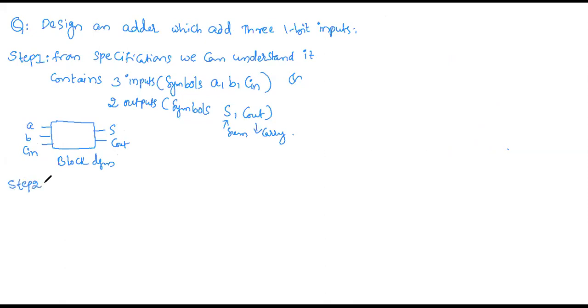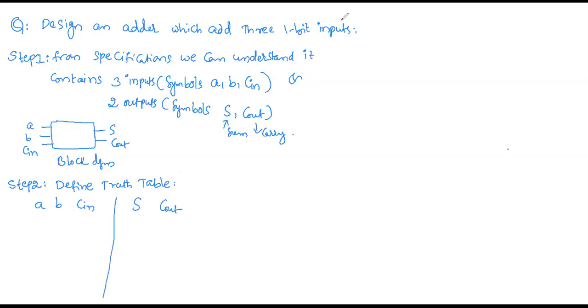Step 2, define truth table. In which way it wants to work, we have to define the truth table. So inputs are A, B, C in, outputs are S, C out.